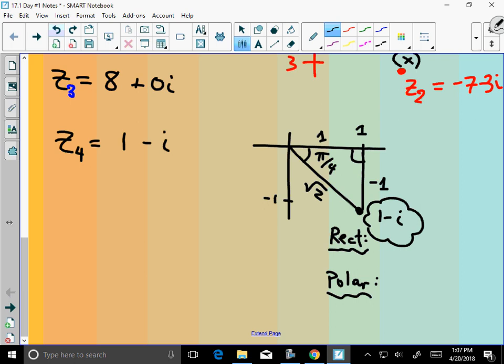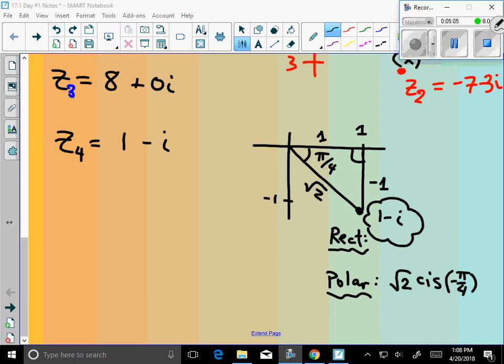How much did I extend out? Square root 2. Square root 2, cis, this is special language, -pi over 4. Cis, you'll learn later, but that's polar form for that complex number.